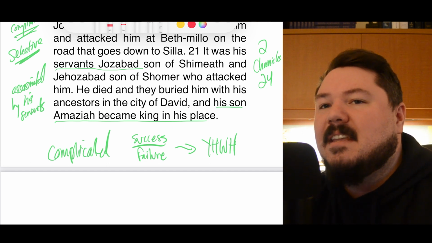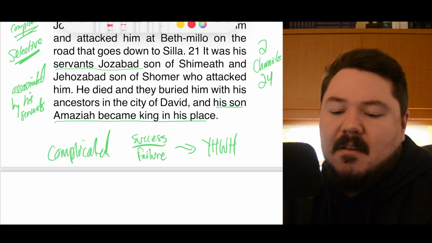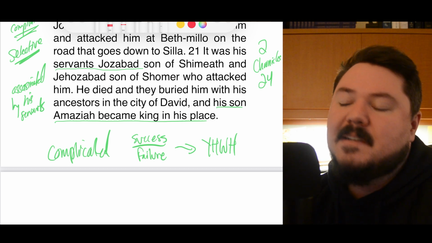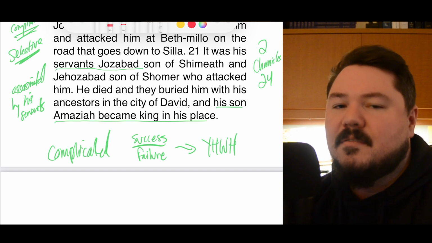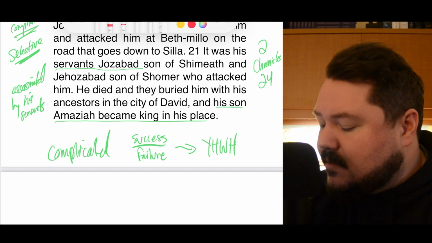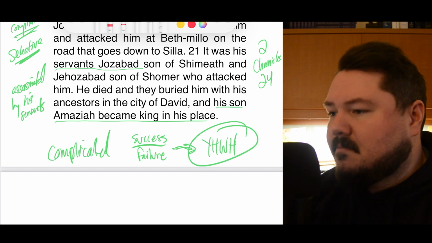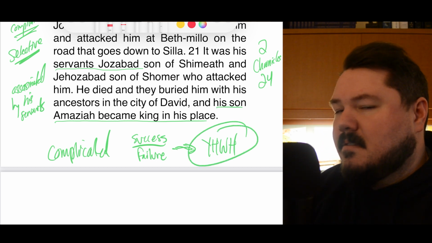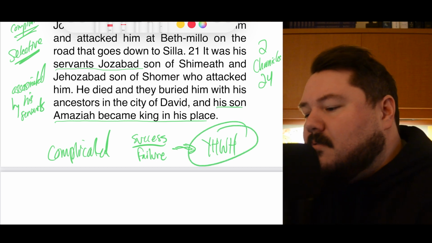Like, we talked about this with Gideon. The fact that the Bible, the Hebrew Bible especially, lifts up very human heroes and heroes that fail, it points to the real hero, who's Yahweh.